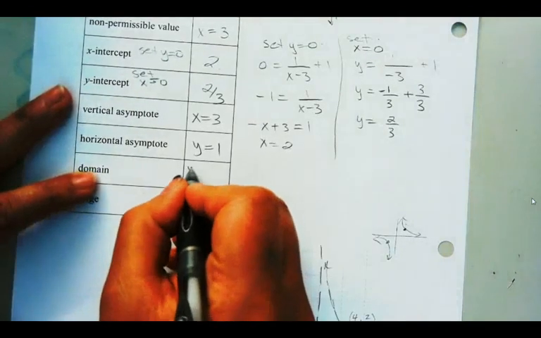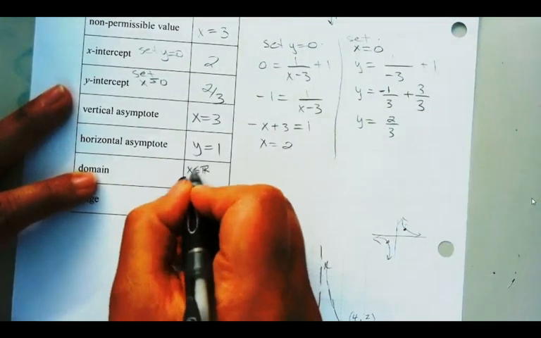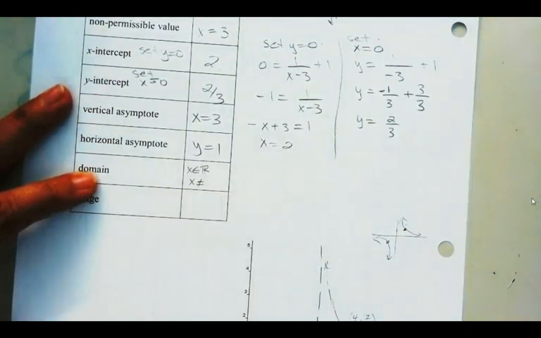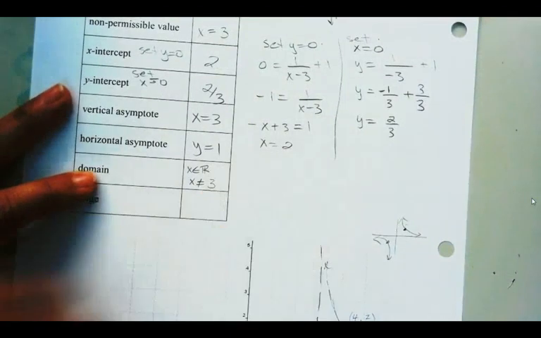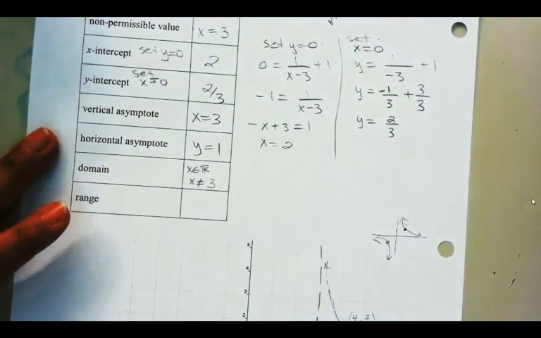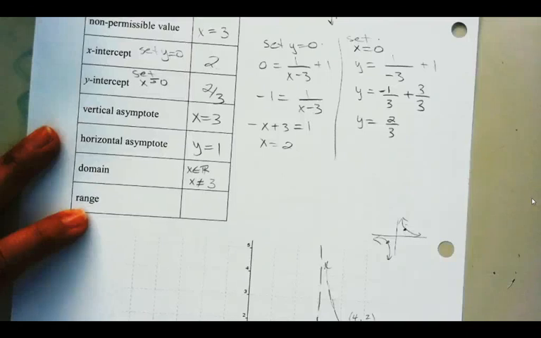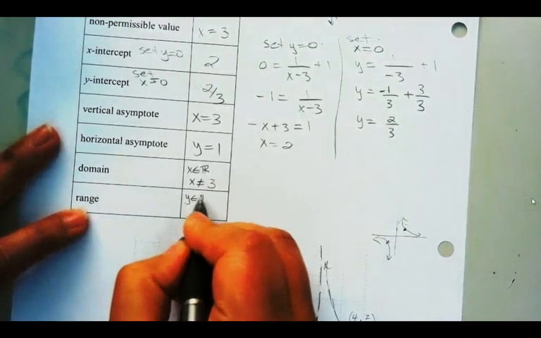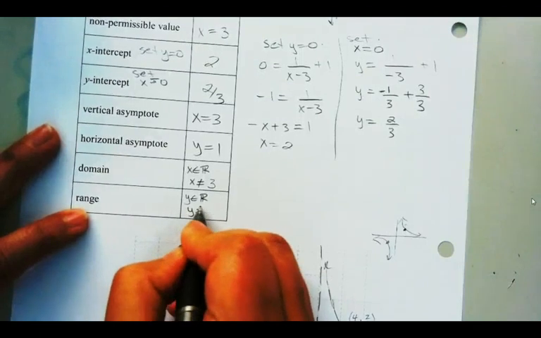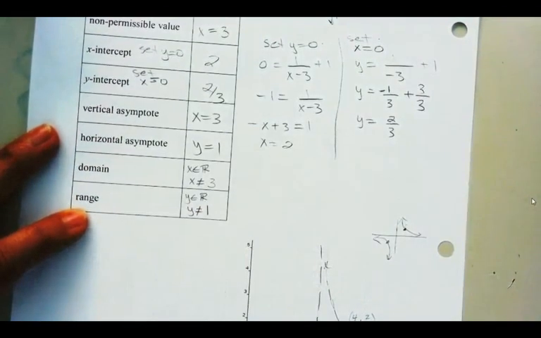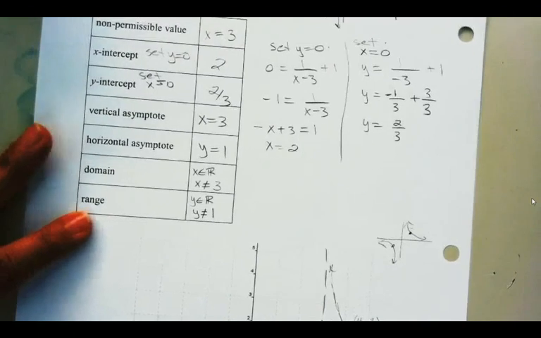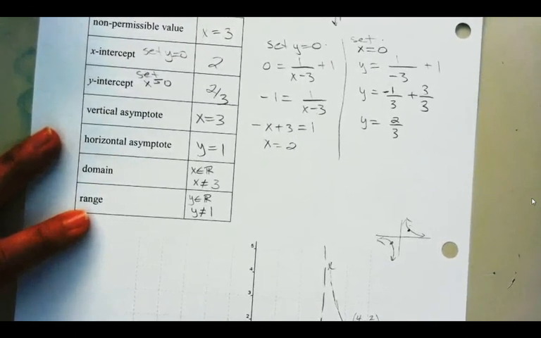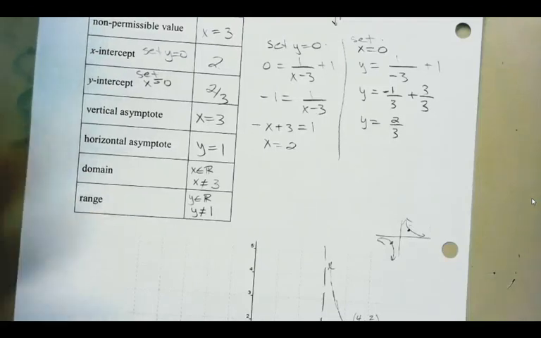So x is an element of the reals except x can never be 3, and my range is y is an element of the reals except y can never be 1. Basically it's going to be your asymptotes that you're stating.